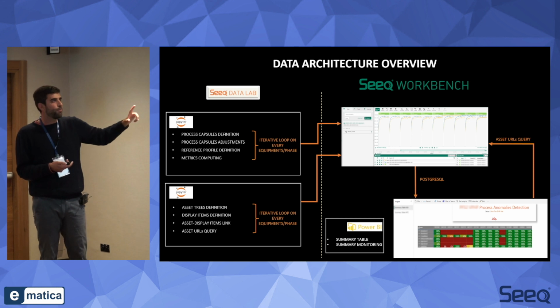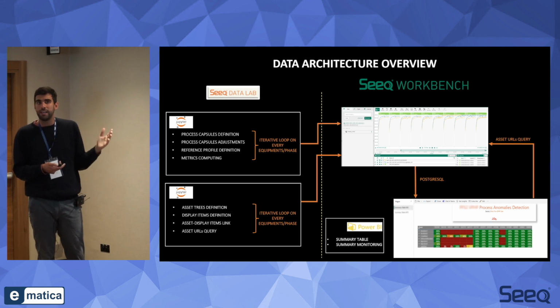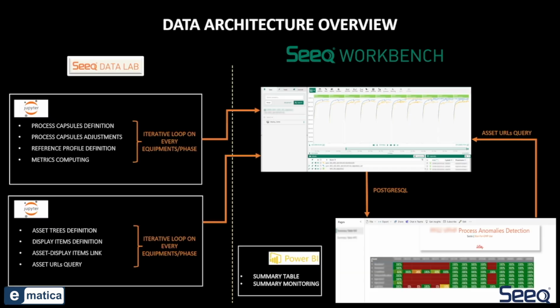We do that with Data Lab because thanks to Python we can replicate this with one click on all of our processes. So imagine 10 phases. Each phase has 30 probes, for example, and with one click everything goes together. At this point, we push everything into Workbench through Python, and everything's ready and set.